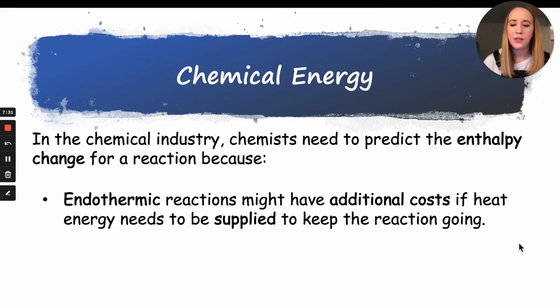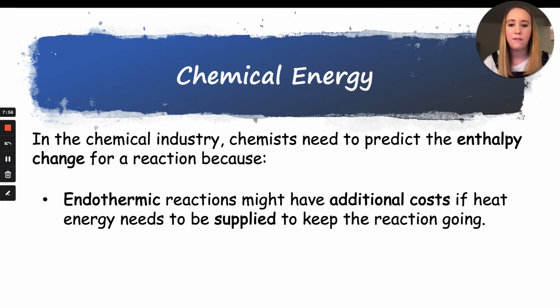If we've got an exothermic reaction, they generate their own energy. So that reaction is going to produce energy, which means you might have to give it a little bit of heat to start it off, but once it gets going, it'll be able to generate its own heat, which seems good. But the issue with exothermic reactions is they can get out of control.